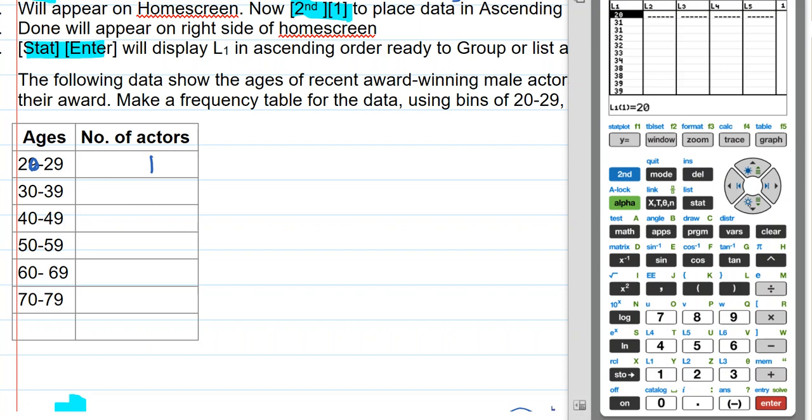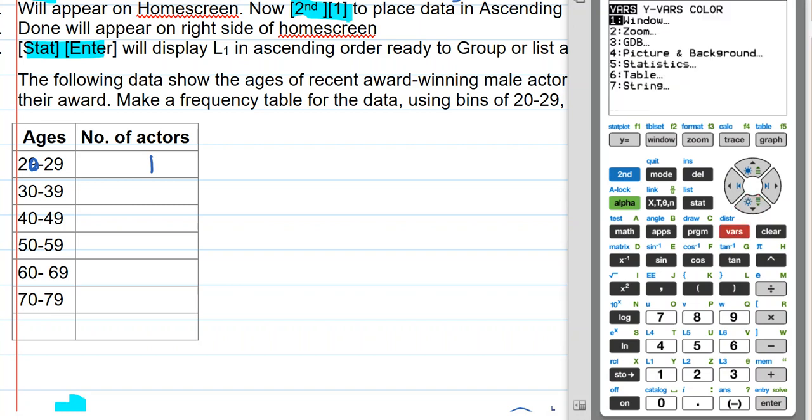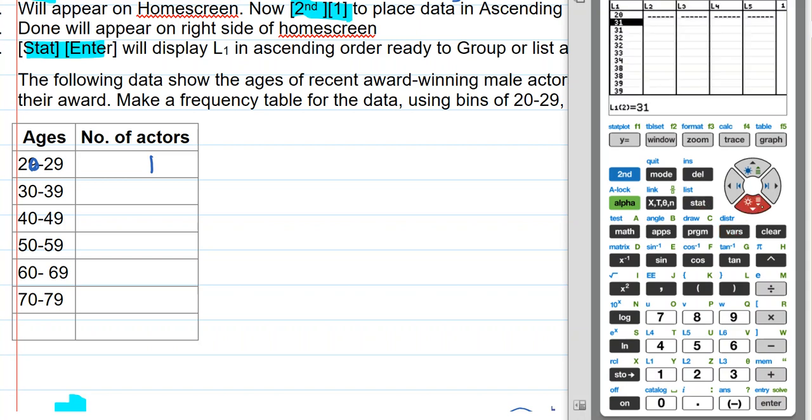On the 30s, let me see how many I have. Sorry about that. Okay, let me count it. 1, 2, 3, 4, 5, 6, 7, 8, 9, 10.